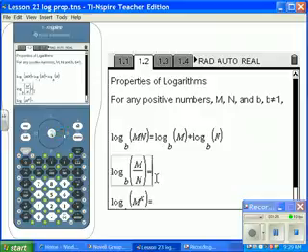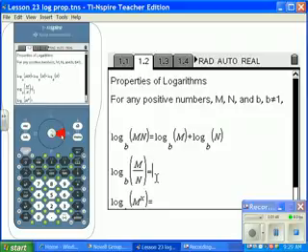So what happened here? What did I do? What did I go from? How are m and n connected here? Multiplication. Where did I go to? Addition. Okay, so these properties of logarithms, they kind of expand or they smush.